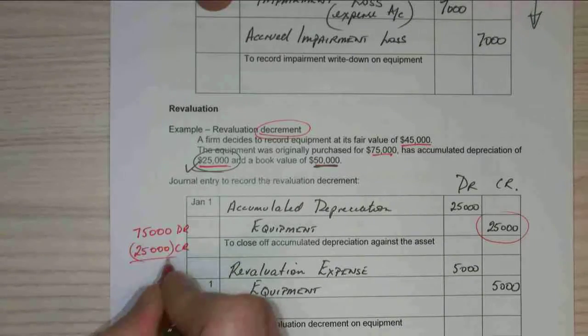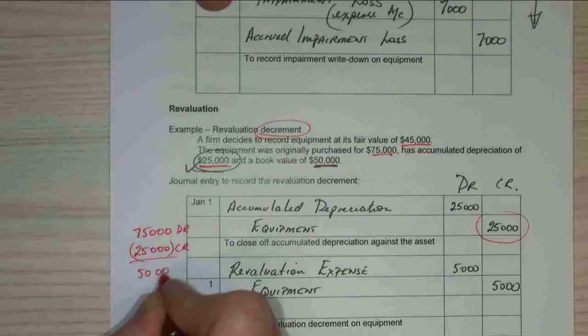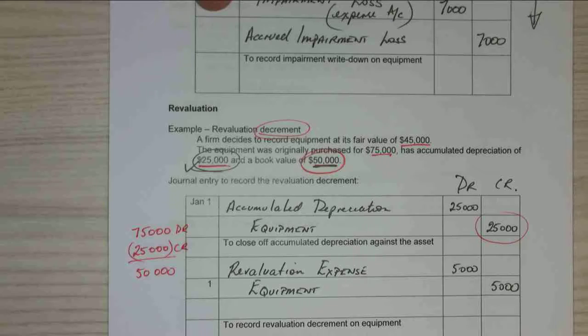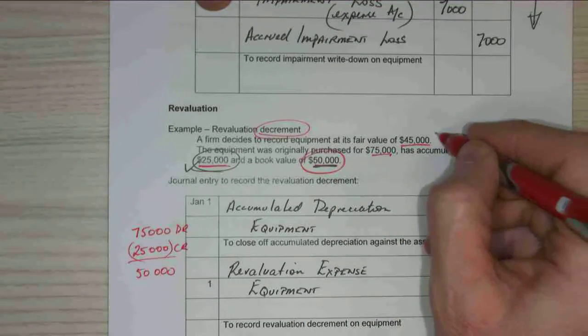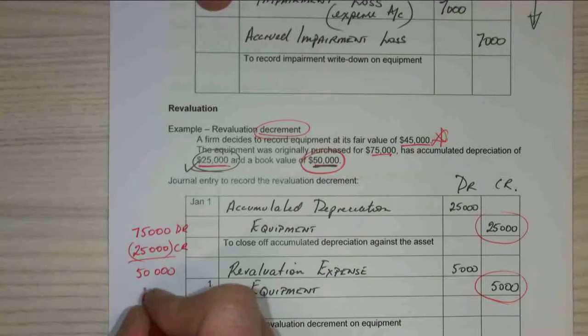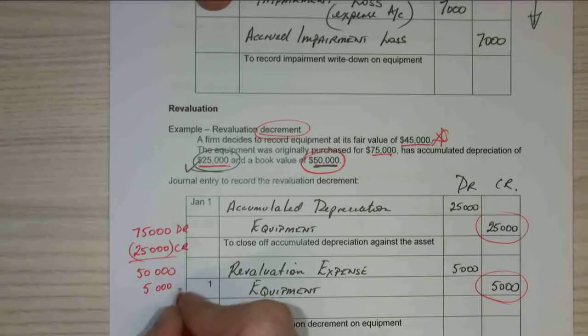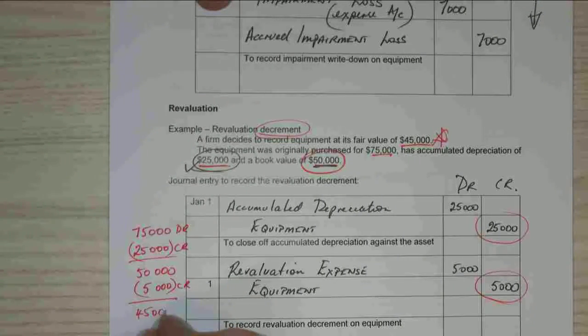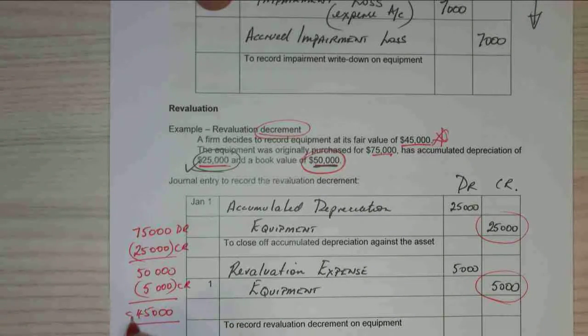So that's a reduction, giving me 50,000, which matches that book value. I now need to revalue to this amount, and that's where my further 5,000 in equipment comes from. So once again, a credit of 5,000, which brings my asset value down to 45,000, and that's how we revalue.